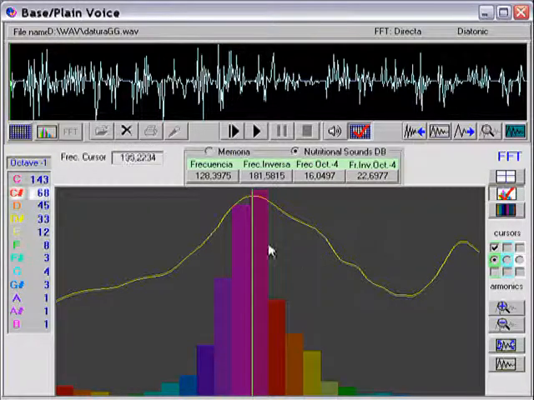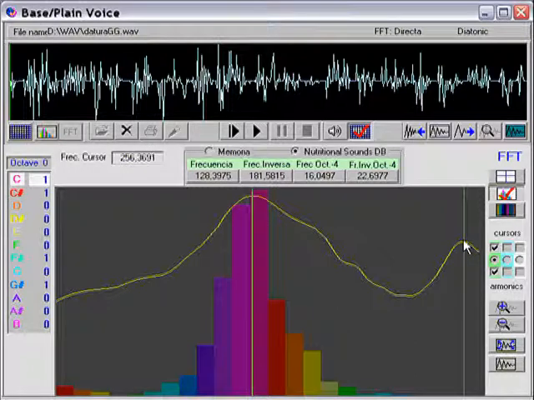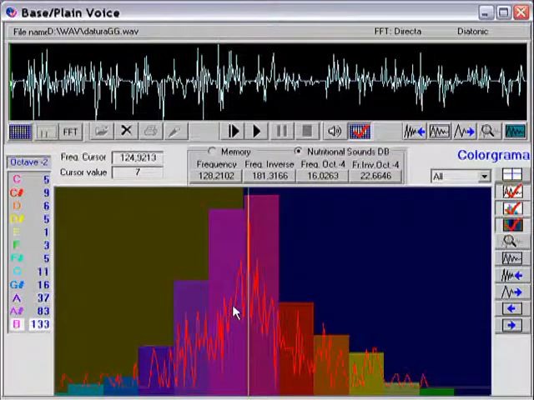Okay, so this is the one we checked, and we saw the harmonics, that this one was a perfect harmonic from the 128. So if we go back to the cologram, we will see the other fundamental frequency that we chose, 126.